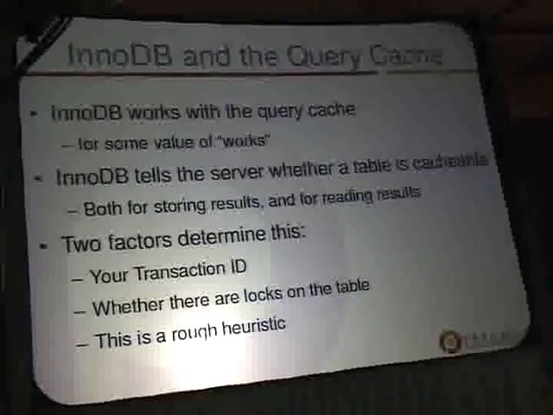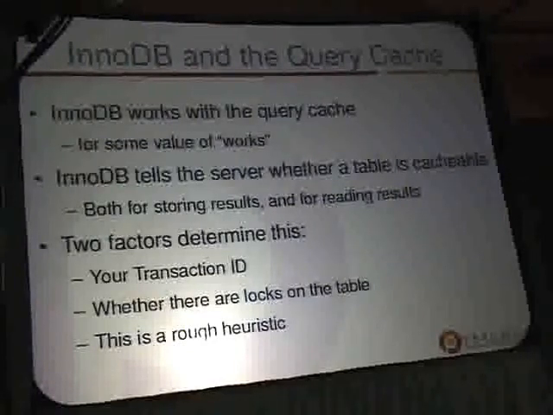There are two factors that determine the yes or no. One is your transaction ID, and the other is whether there are locks on the table. This is a coarse heuristic. You probably know about InnoDB's MVCC, multi-version concurrency control architecture. There are many, many complicated situations you could dream up where a query would return the same results that are in the cache, but it's very difficult to determine precisely yes or no. So this is a rough heuristic for I think so.